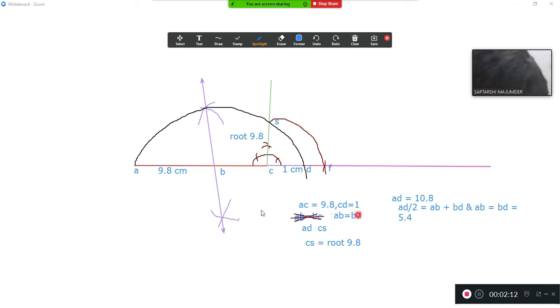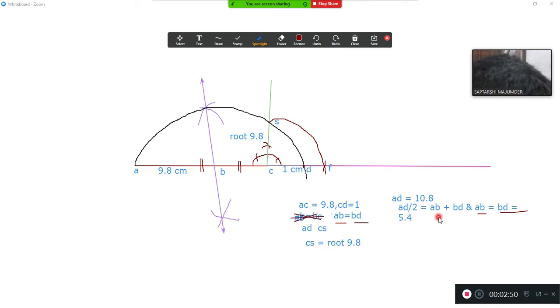These two halves are equal: AB equals BD, only up to this point.